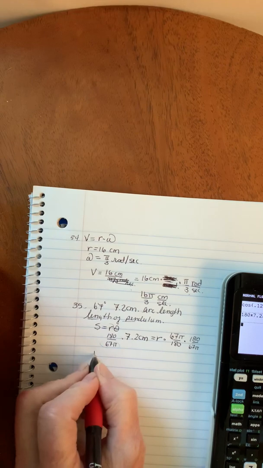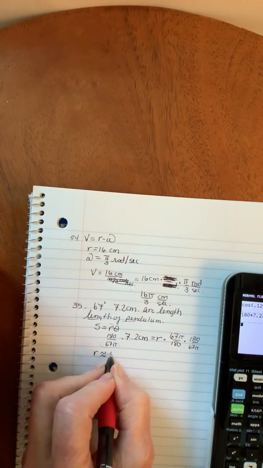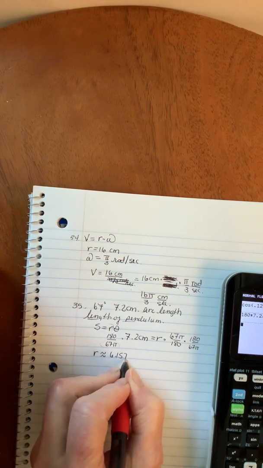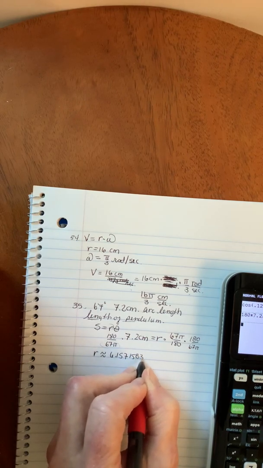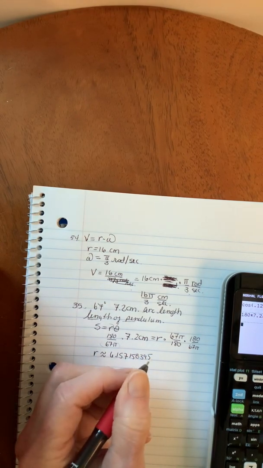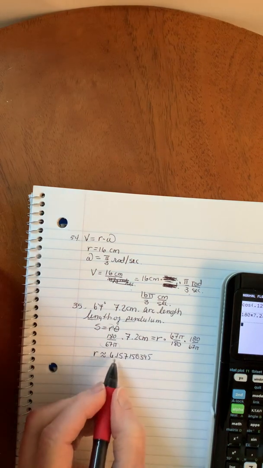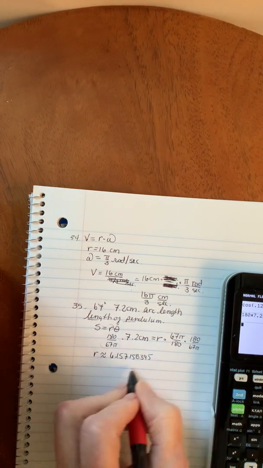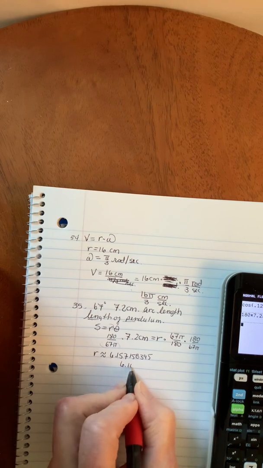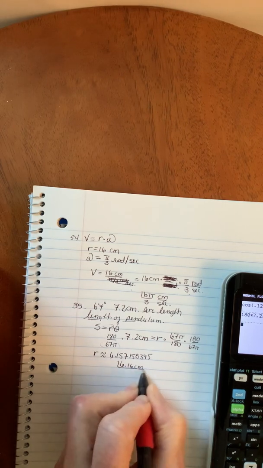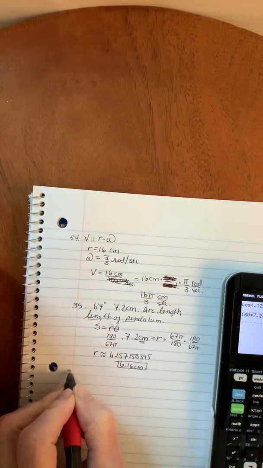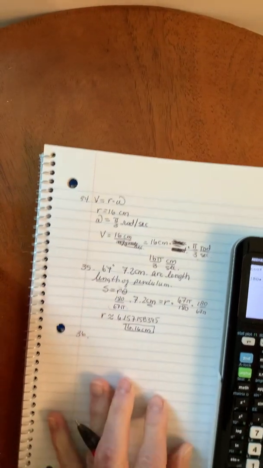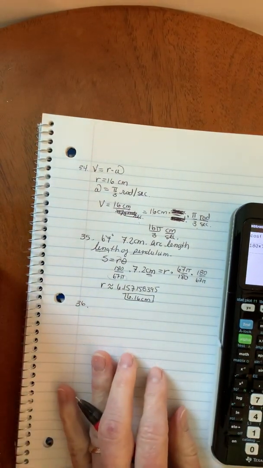So I get r is about 6.157158395. Round it to the nearest hundredth, so 6.16. So 6.16, and everything here is measured in centimeters, so we'll use that. All right, get that up there so you can see it.